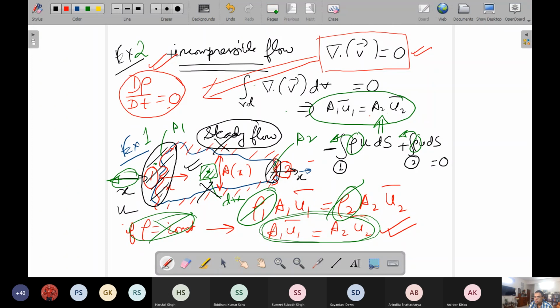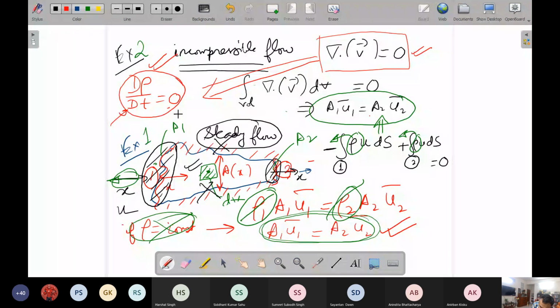Okay? So I hope all of you will agree to this, because this is something which I have derived in detail in the previous class. And in fact, example 1 is one such reflection where, see, what is this?